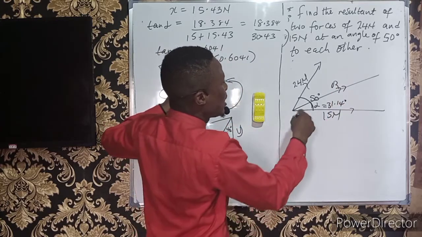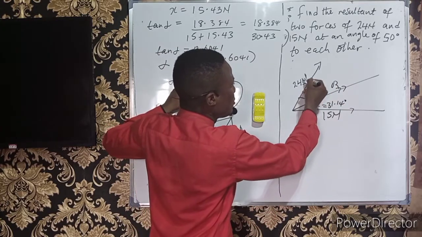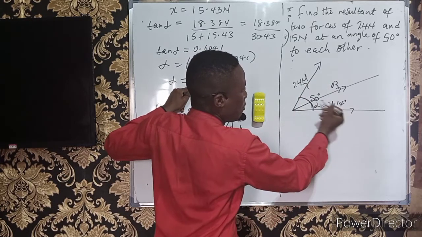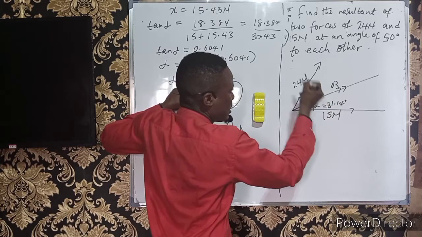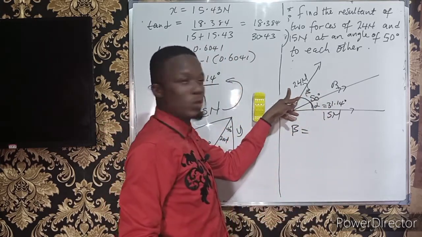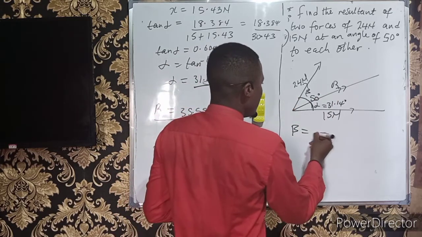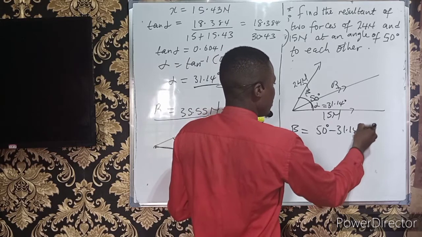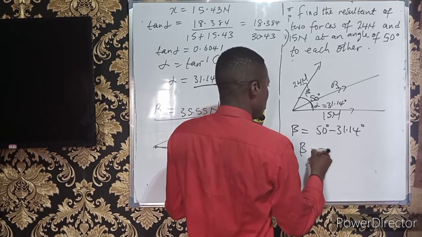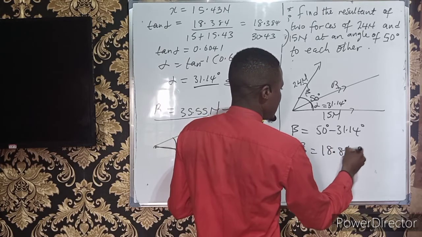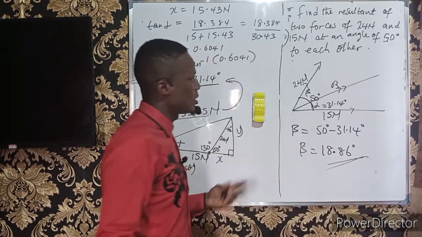If I want to get the angle the resultant is making with the 24 Newton force, I will just remove 31.14 from 50. Let's say this is beta. So the angle beta which the resultant is making with the 24 Newton force will now be 50 degrees minus 31.14 degrees. At the end of the day, you will see it will give you around 18.86 degrees. That's just it.